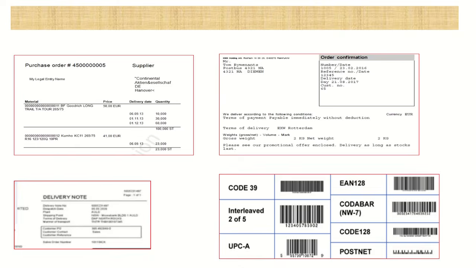Similarly, some other document like delivery challan: when we deliver the material, along with the material we want to send the delivery receipts. And similarly, we might need to print a barcode for internal purposes or to stick the barcode on the outgoing product. These are some examples of documents.